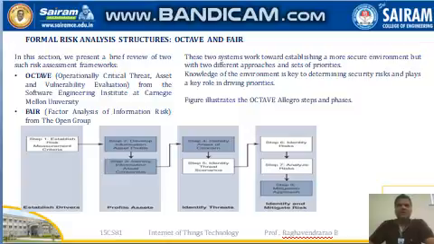The knowledge of the environment is the key to determining the security risks and plays a key role in deriving the priorities. So let us see the first one, that is OCTAVE. The figure being shown is the OCTAVE Allegro methodology.